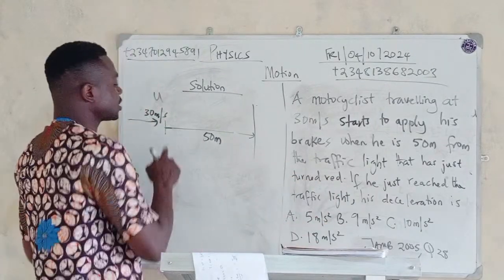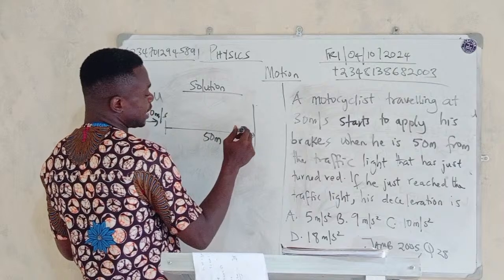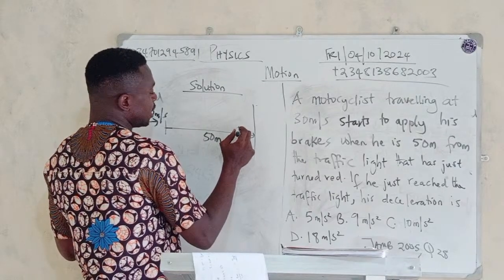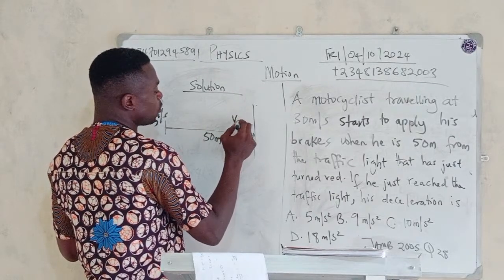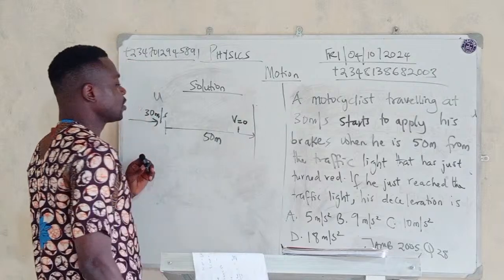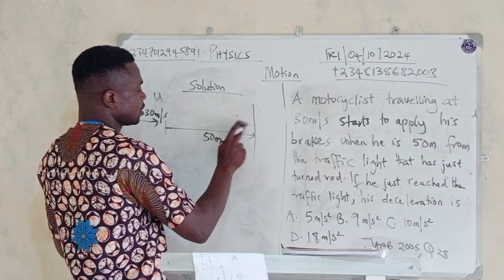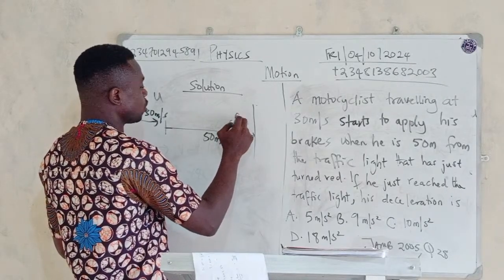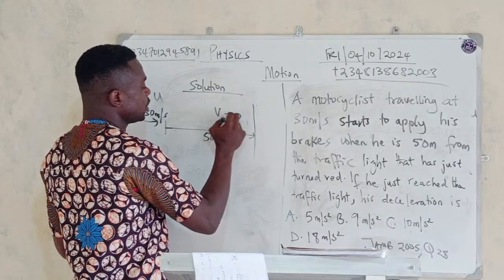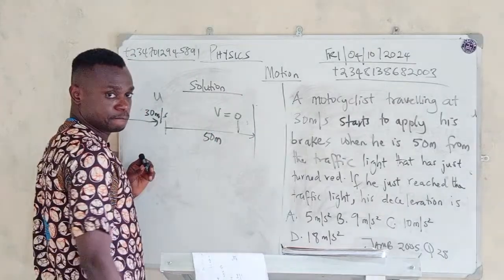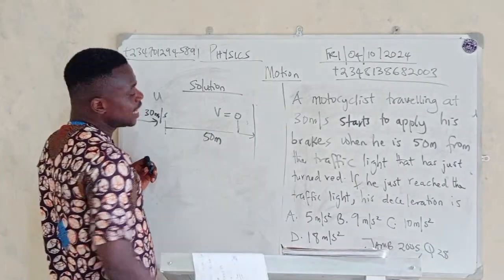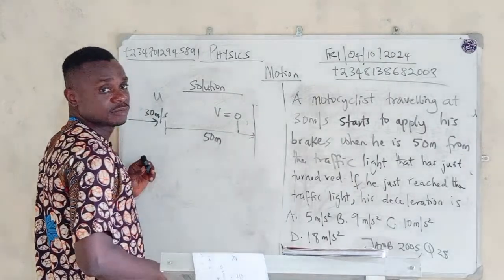So let's assume that he stopped somewhere here. Now that means V is now equal to 0. Final velocity is 0 at this point. So they want us to calculate the deceleration.